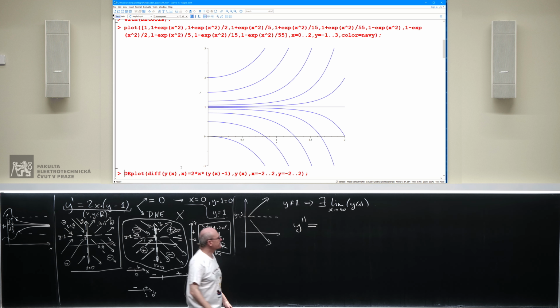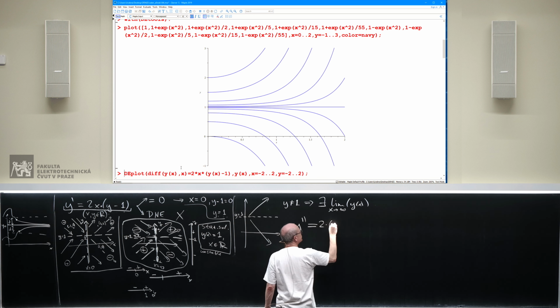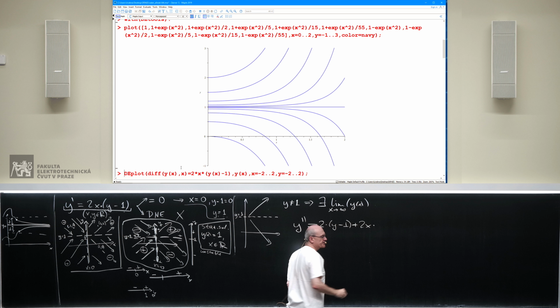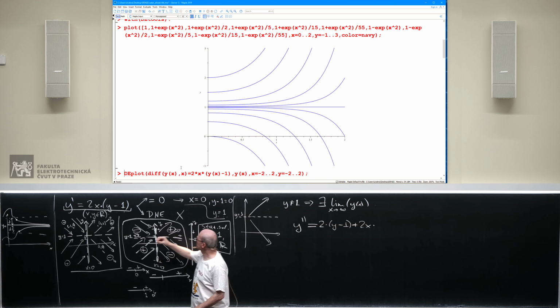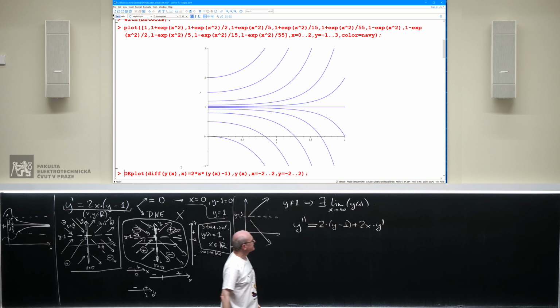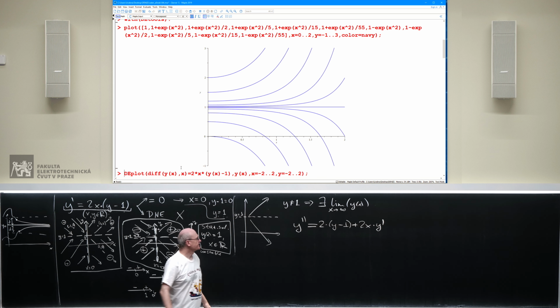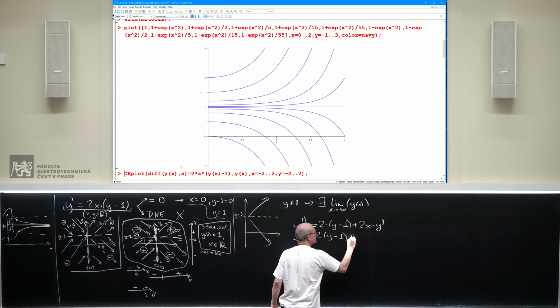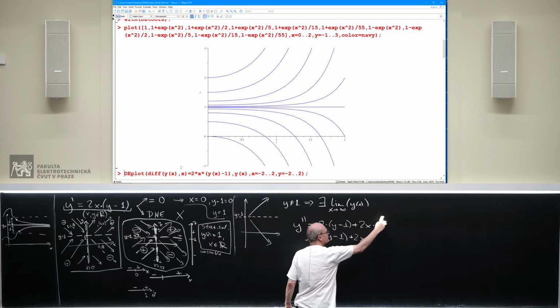I differentiate the first part, and I copy the second one, and then I copy the first one, and I differentiate the second one. And when I differentiate, I get derivative of y.